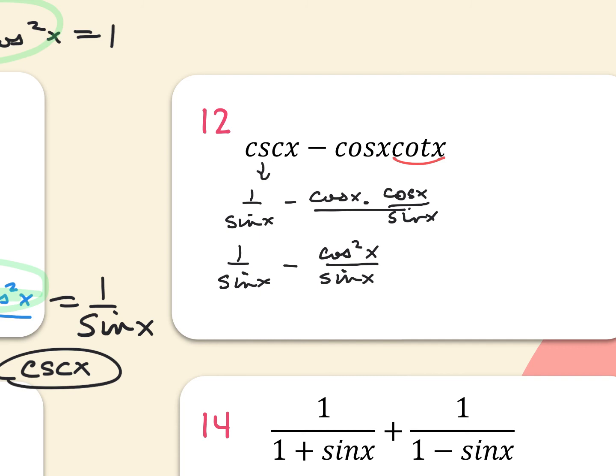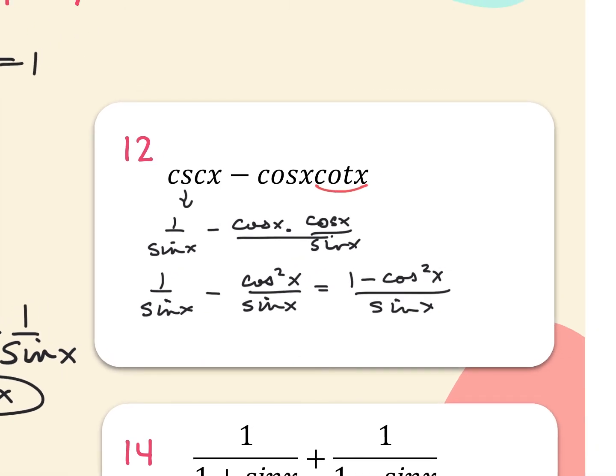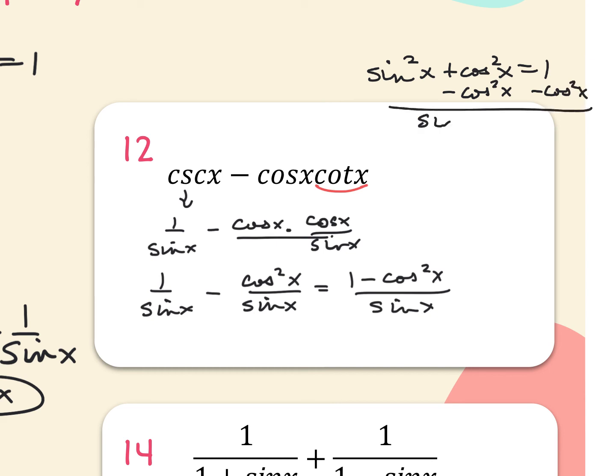Notice I already have a common denominator, so I can just combine my numerators. So 1 minus cosine squared x over sine x. I can again use a Pythagorean identity. I've already seen this one. So remember, here is the Pythagorean identity, the original form of it. I'm going to rearrange it and subtract cosine squared x from both sides, leaving me with sine squared x is equal to 1 minus cosine squared x.